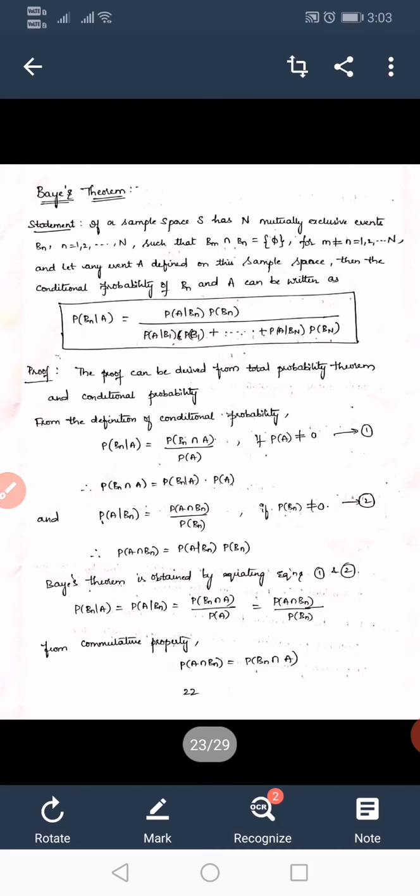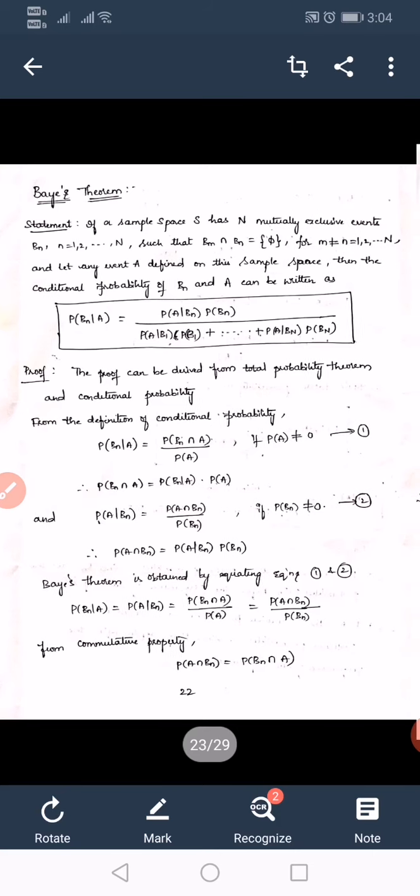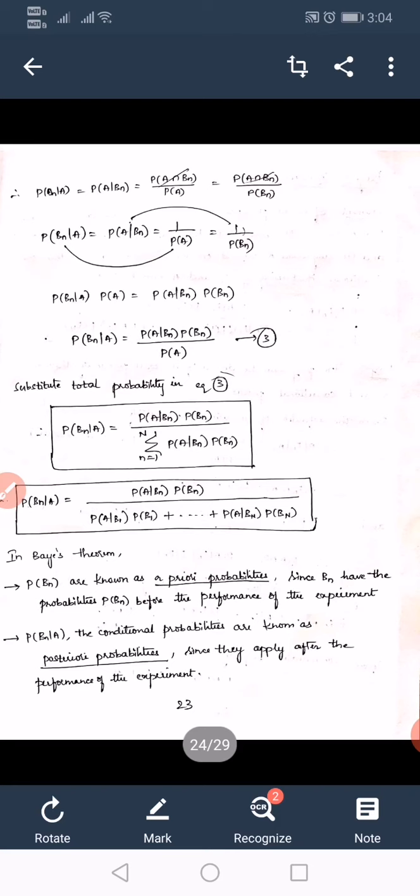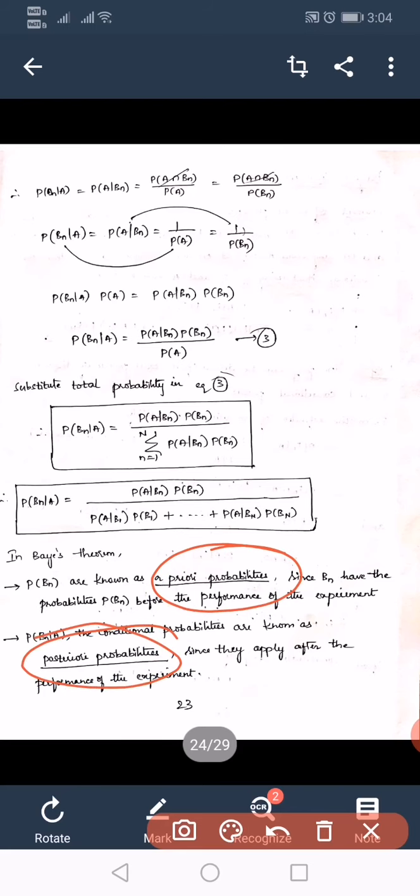Now let us see Bayes' theorem. Bayes' theorem is mainly based on two important probabilities that we have to remember: prior probability and posterior probability. Prior probability means the probability we define before the event takes place, or before happening of the event.